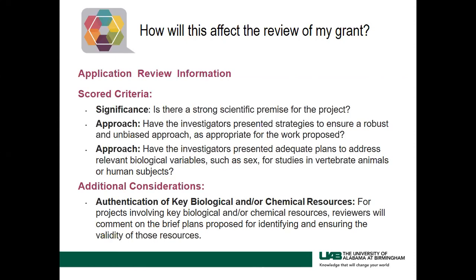NIH has not said you must test for sex differences. Bottom line, they're just saying, go to the literature, look at the animal literature from 10 years ago. They don't even tell you if it's all male, is it all female, you don't get the age of the mice. You've got to be very specific.